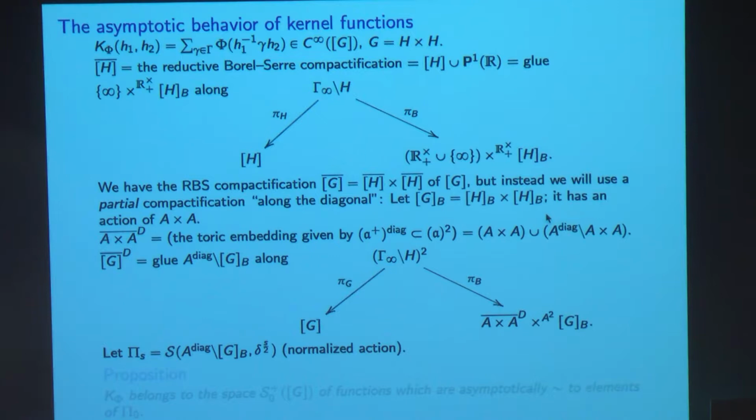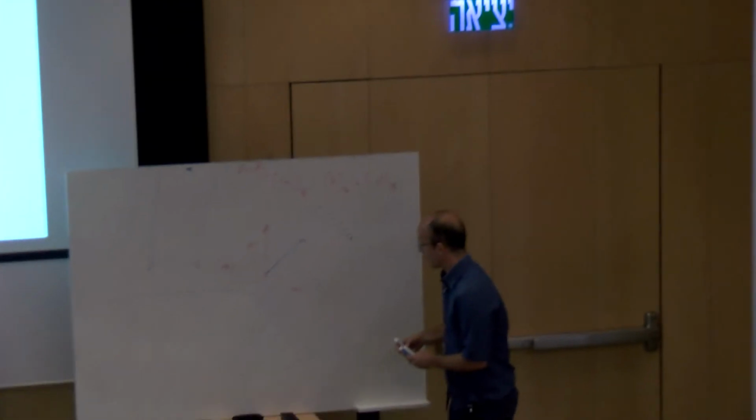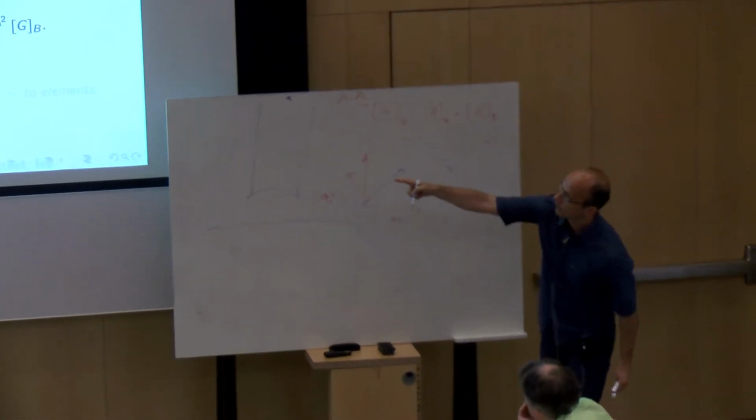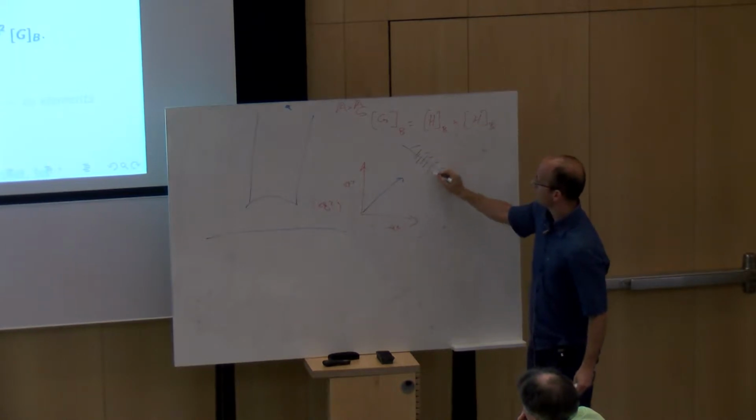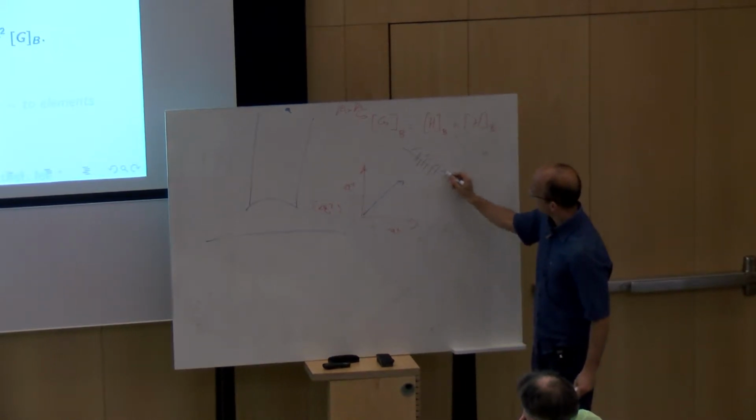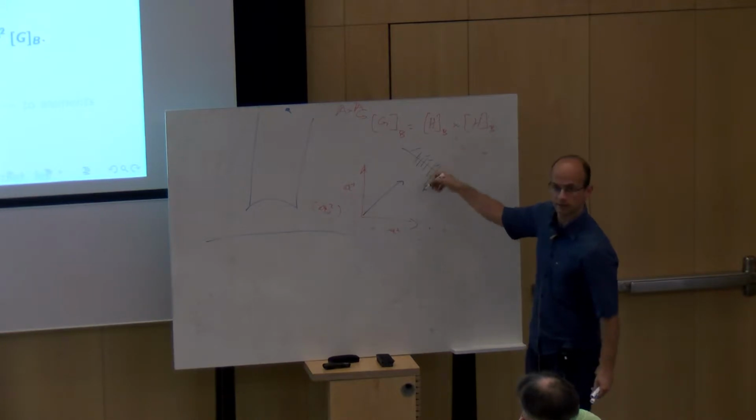So the picture here is the following. I'm describing sections of a sheaf over this orbit at infinity, and I'm saying that along the diagonal torus, my sections vary by a certain character.